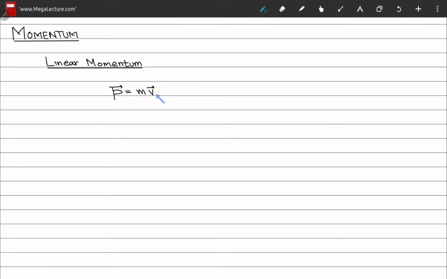Suppose you have a block of mass m moving in this direction with some velocity v.